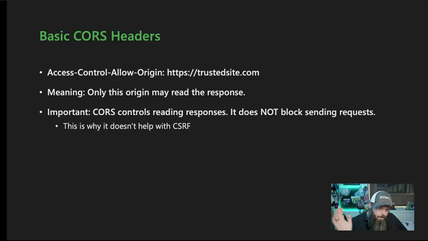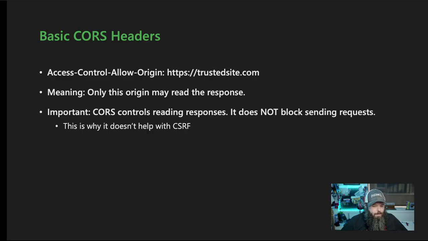We're only going to talk about a couple of them. How to deal with CORS is deep and complicated. I recommend you use ChatGPT or Claude or Google to help you figure it out if you're actually implementing it in production. But the TLDR here is we add an Access-Control-Allow-Origin: https://trustedsite.com. That means trustedsite.com may read the response.